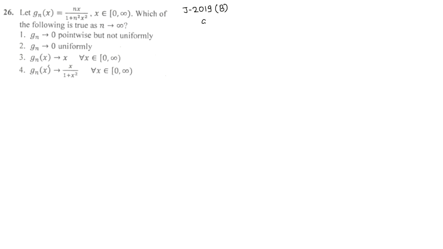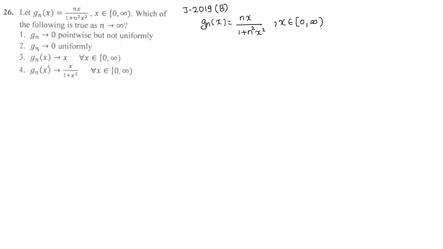So we have Gn of x is equal to nx by 1 plus n square x square, where x belongs to the closed interval 0 to open infinity. Now we have to determine which will be true among the given options. First option is Gn converges to 0 pointwise but not uniformly.